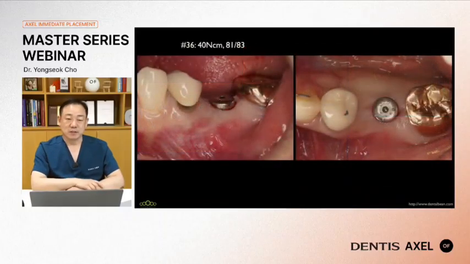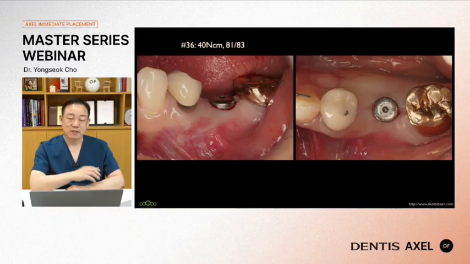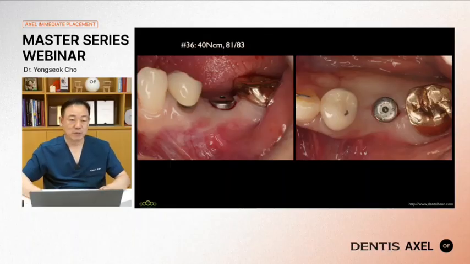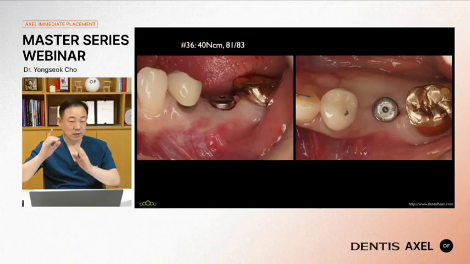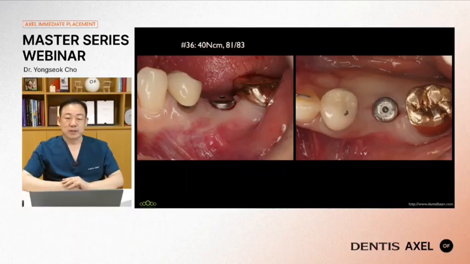This is just after surgery. I can get strong primary stability, okay, and it's flapless surgery, clean and simple surgery. I want to show a video taken from far away and a close view.